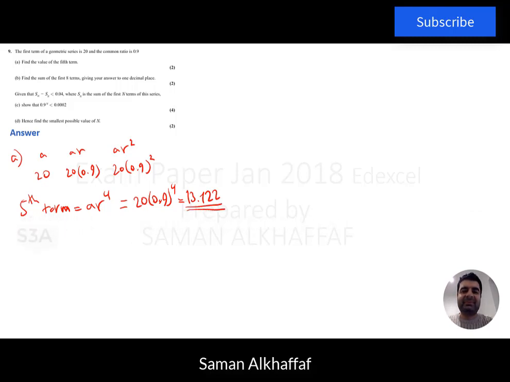For part B, we need to find the sum of the first 8 terms, giving your answer to one decimal place.